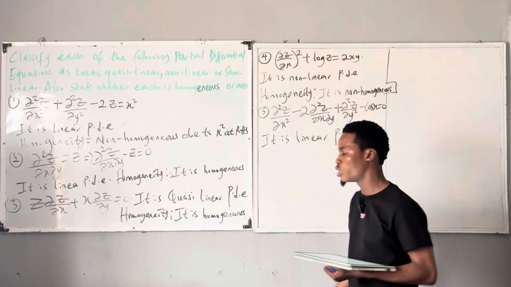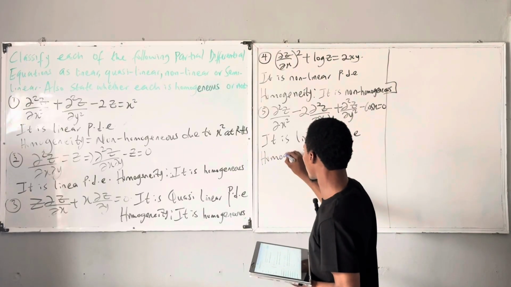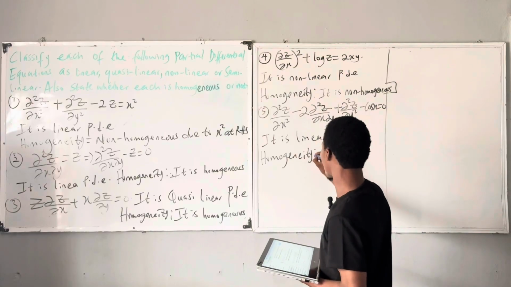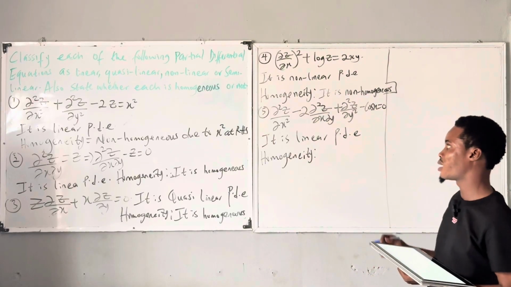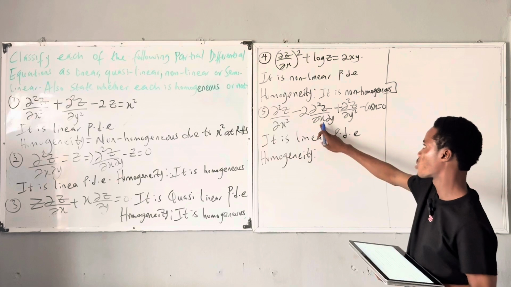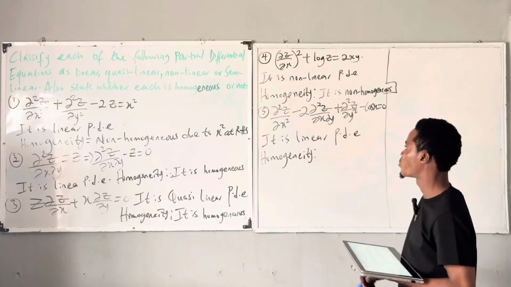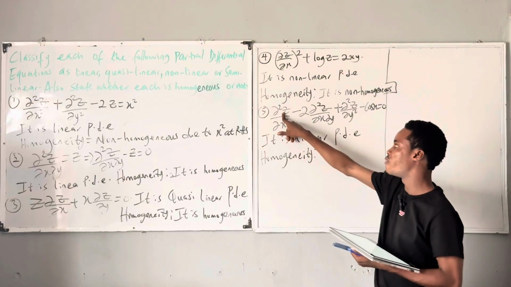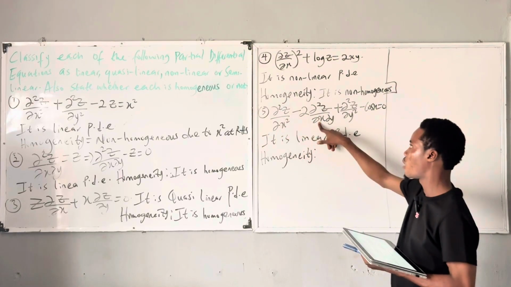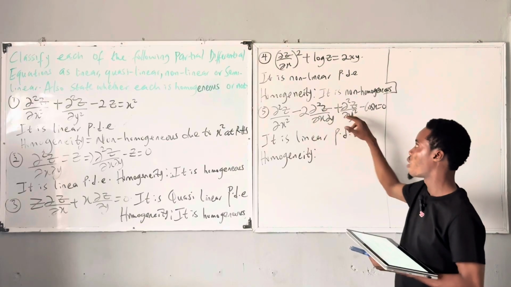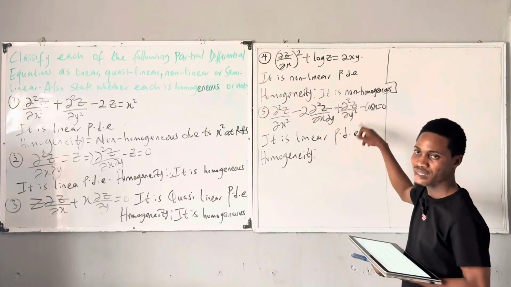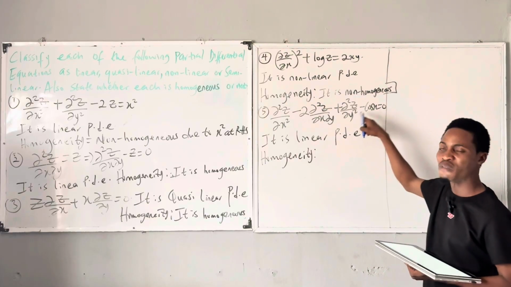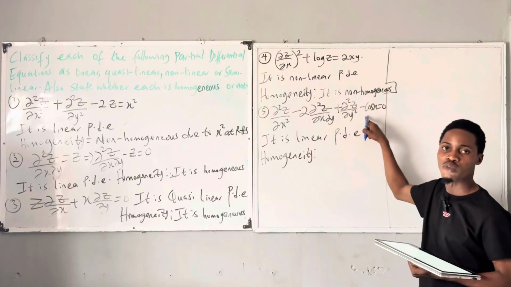So let us check the homogeneity. Is it homogeneous or non-homogeneous? Let us consider the terms. First term, second term, third term, and last term, then it's equal to 0. We have a derivative here, and we have a derivative here. But cos x does not have a derivative of z or dependent variable of z.